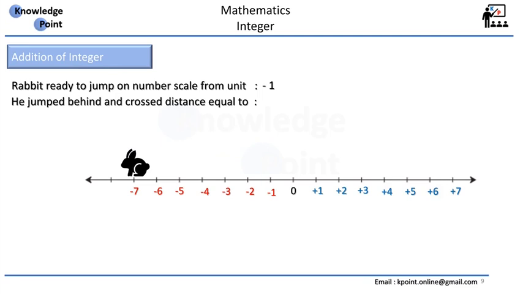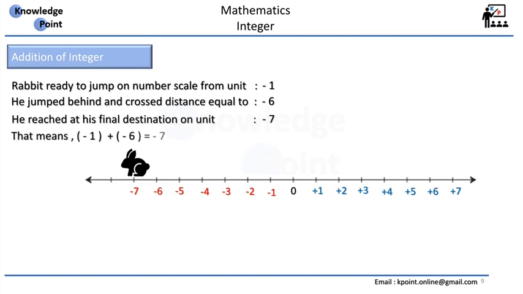So we need to see how many units he actually jumped. So 1 unit, the second unit, 3 units, 4 units, 5 units, and 6 units. So practically speaking, he jumped 6 units and he reached -7.